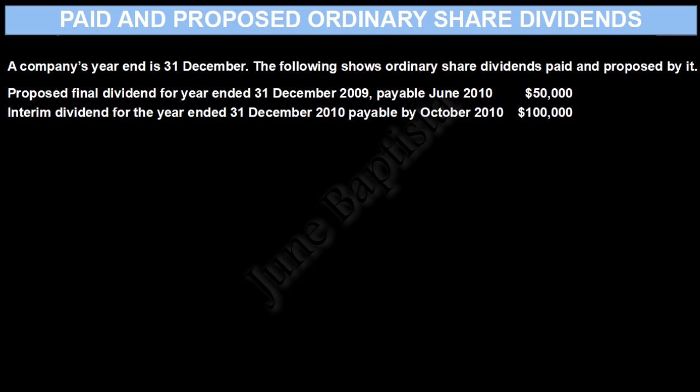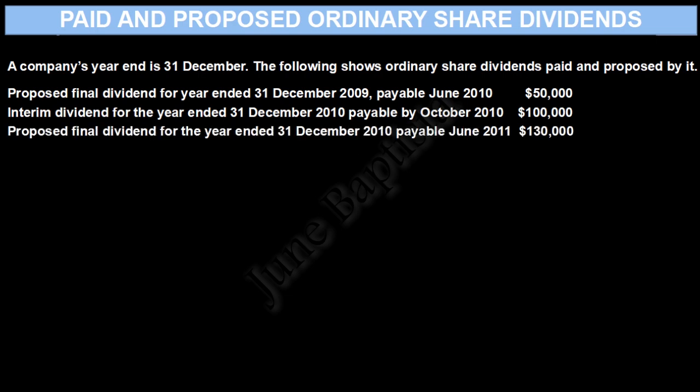Interim dividend for the year ended 31st December 2010, payable by October 2010, was $100,000. Proposed final dividend for the year ended 31st December 2010, payable in June 2011, was $130,000.